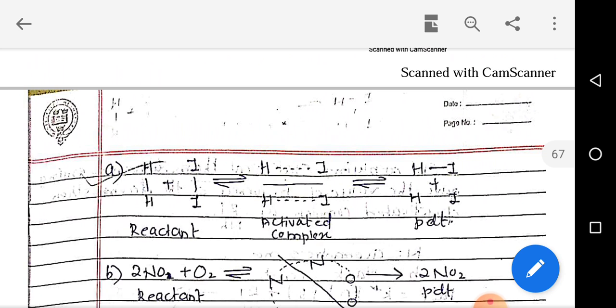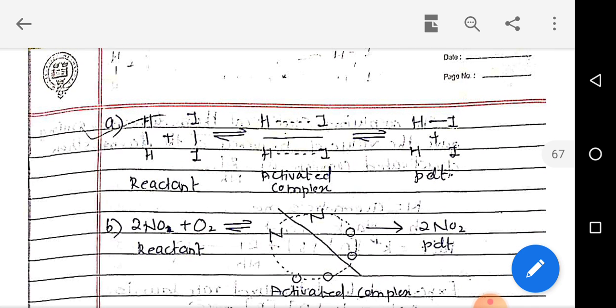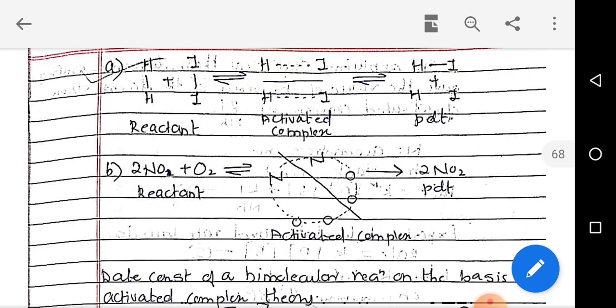This is the transition: one bond breaking, one bond forming, and we get the products.